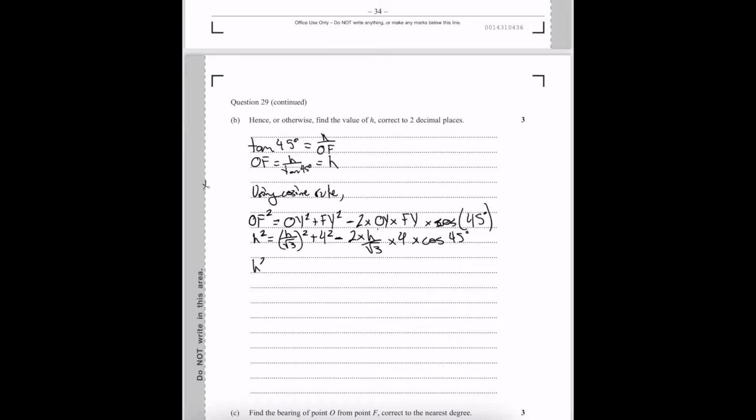So we get h squared is equal to h squared on 3 plus 16 minus, now cos 45 we should know is 1 on root 2. So what we're going to get is 8h on root 3 times root 2, which is just equal to root 6.